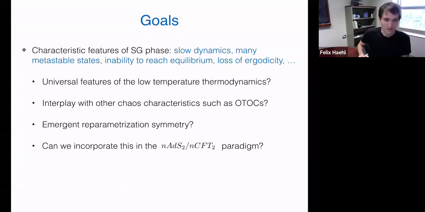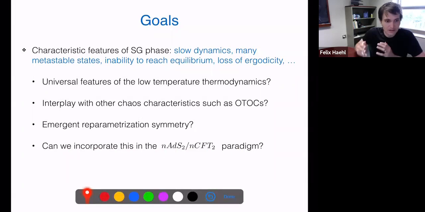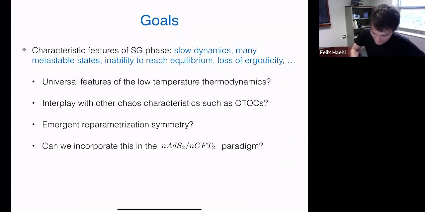We want to see, is there still some notion of a conformal symmetry? Is there an emergent reparametrization symmetry? And there will be. And then eventually, can we incorporate all these features in this AdS2/CFT1 paradigm, and can we come up with a holographic description of this?